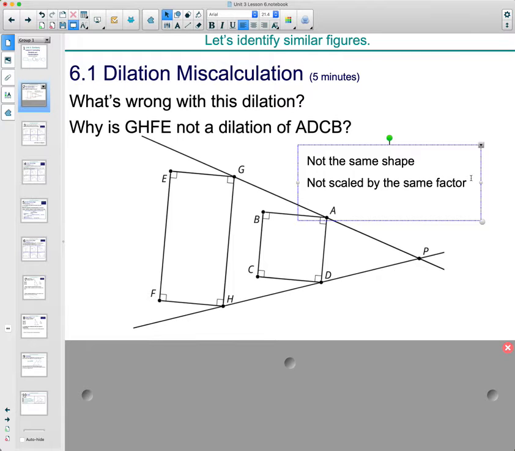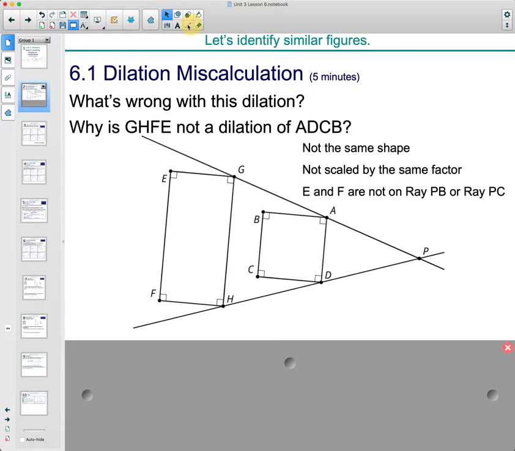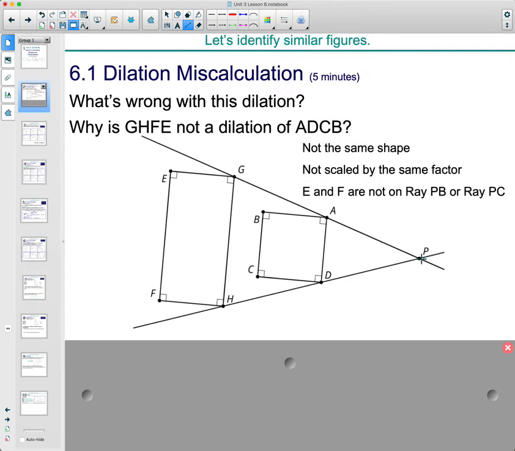Maybe you also noticed that E and F are not on the same ray as PB, so not on ray PB or ray PC. Let me draw that out for you here. If you extend a ray from P to B, E doesn't land on it.